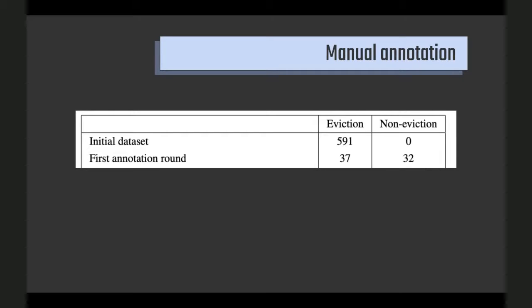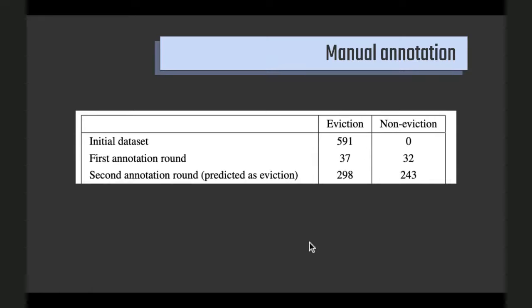So we did some more manual annotation at this point. Initially we had 591 cases, and we did one round before where we checked what our data set looked like with 69 cases. So now, from the cases that were predicted as eviction, we asked some research assistants to sort them out into the ones that are actually eviction and the ones that are non-eviction.